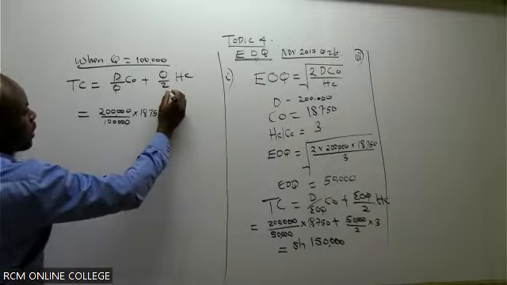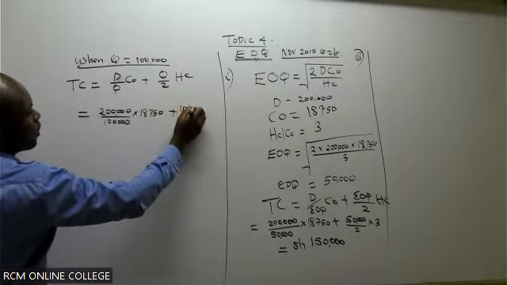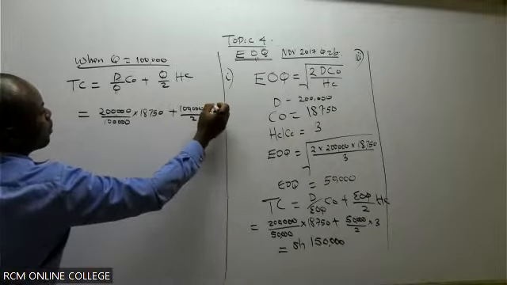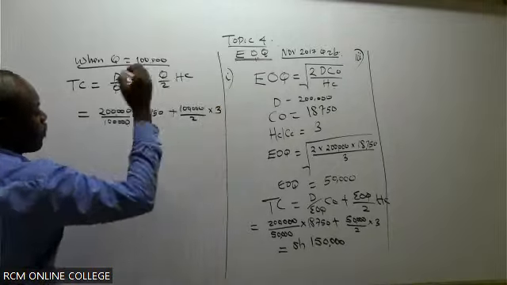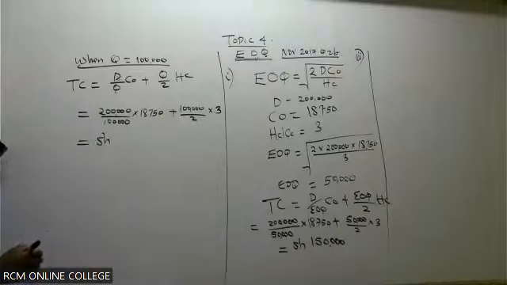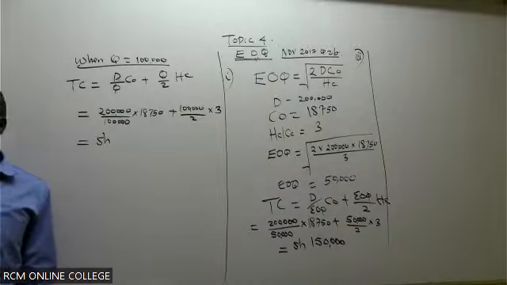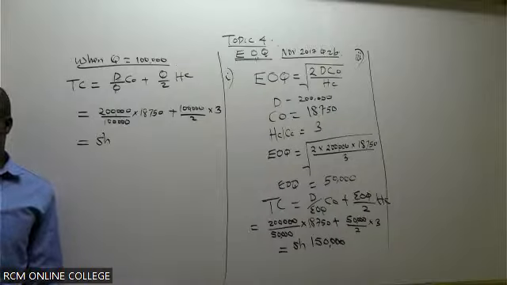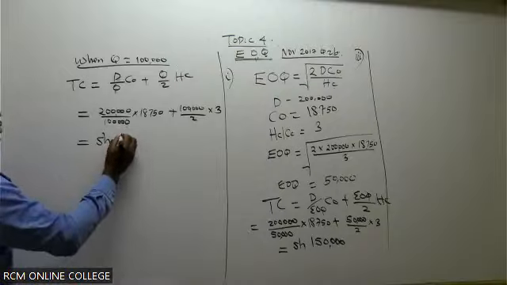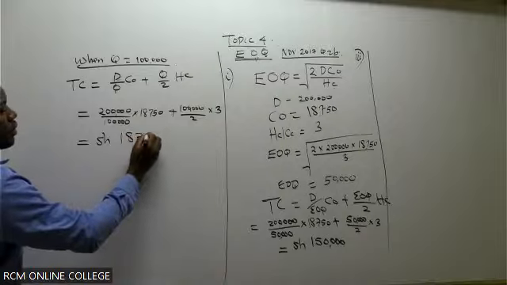To that, I add quantity, 100,000, divide by 2, then multiply by holding or carrying cost, which is 3. If that is done, what are you getting as the total cost? 187,500. Let me see if the majority are also getting that.